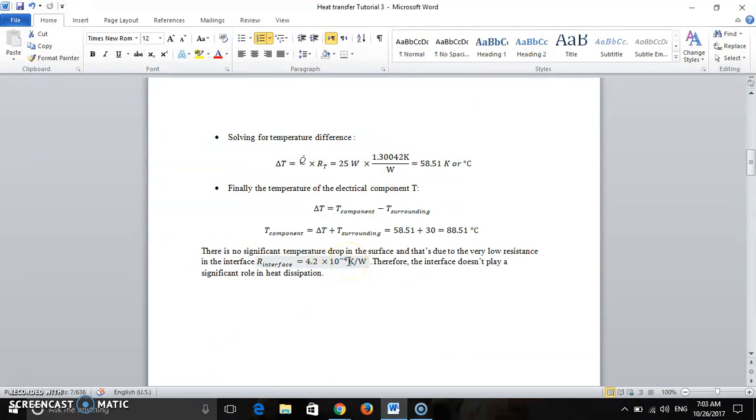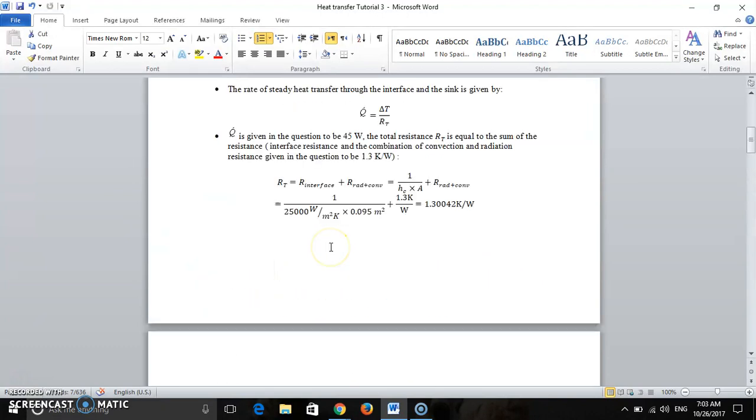We can notice from that there is no significant value for the resistance for the heat in the interface. Therefore, there will be no obvious temperature difference in the interface, and the interface resistance will not play a significant role in the heat removal in this particular problem.